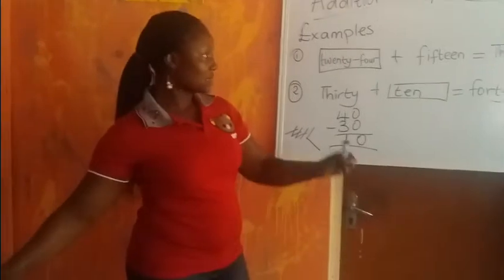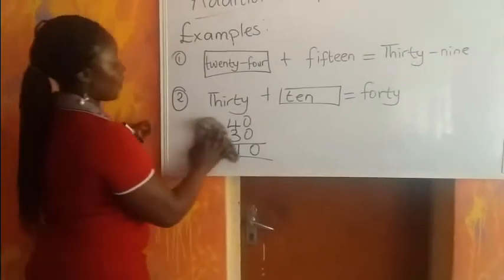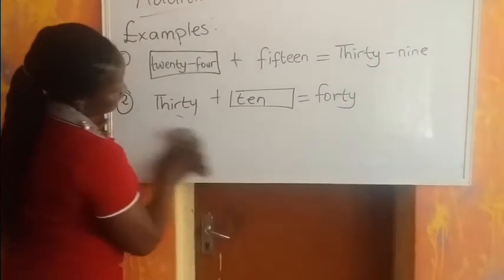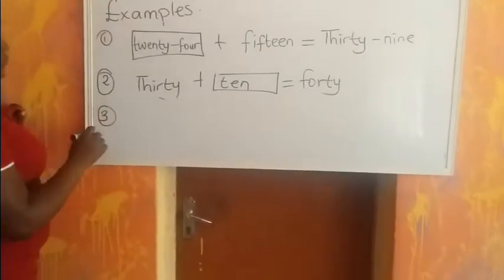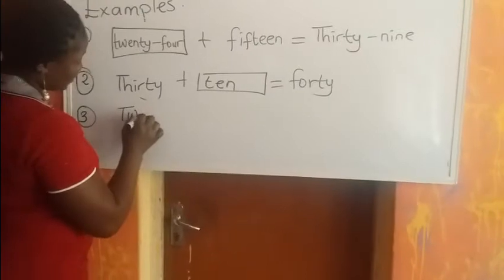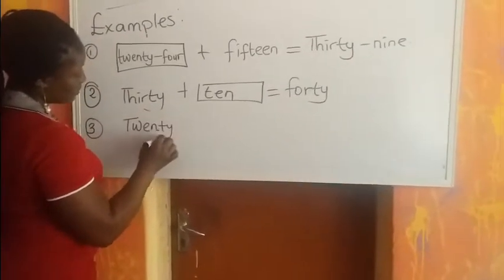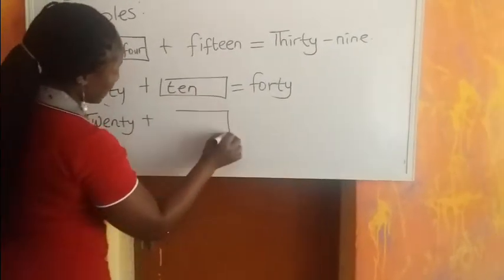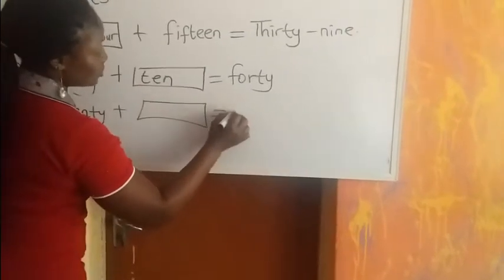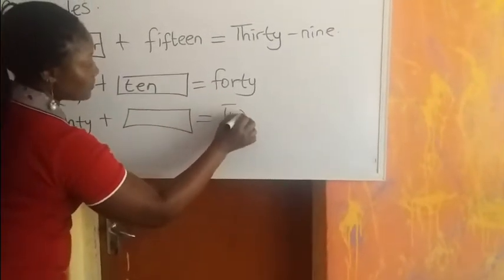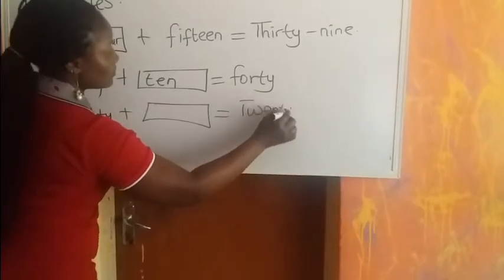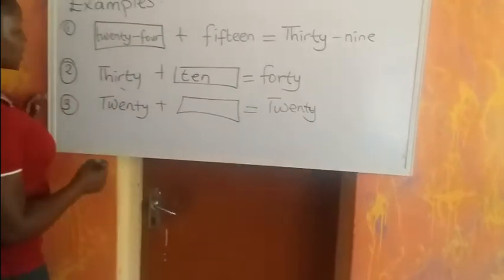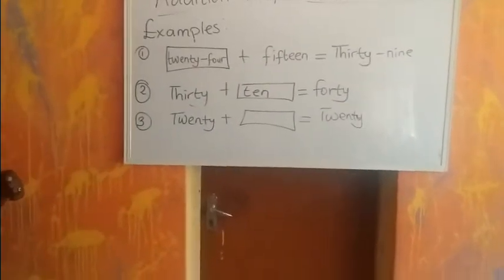Let's still look at another way of getting this. Number 3. 20 plus dash is equal to 20.